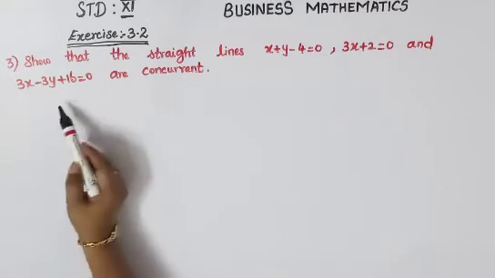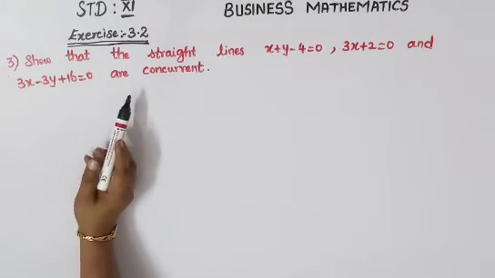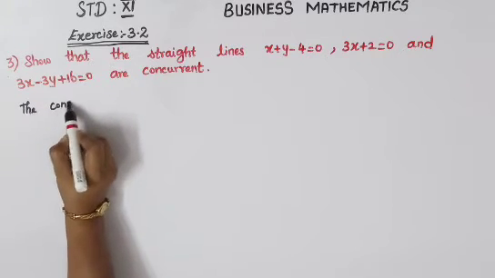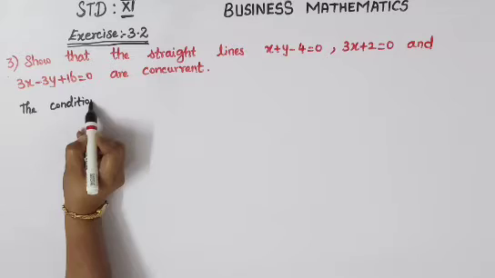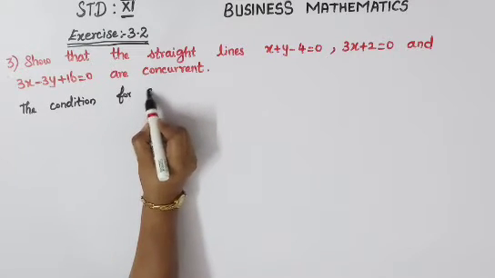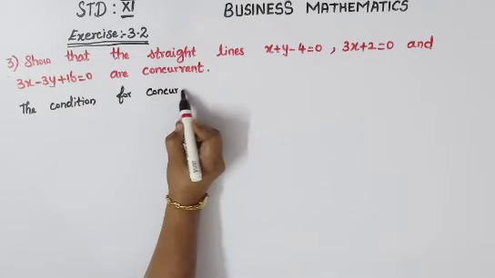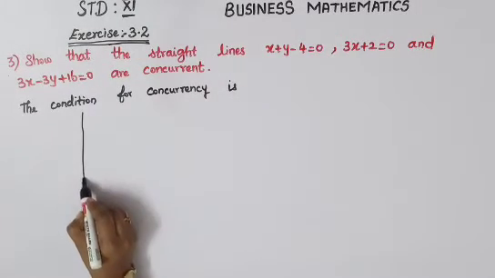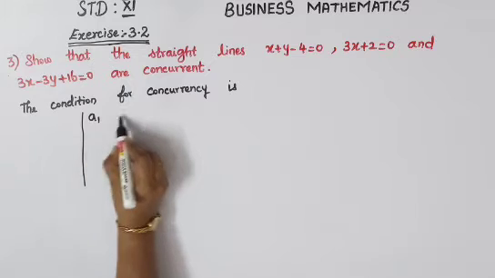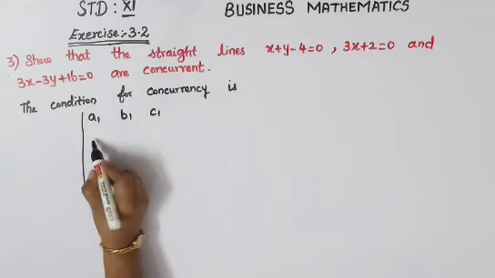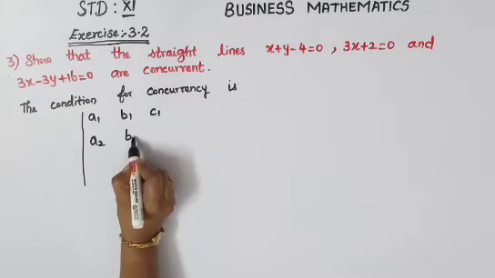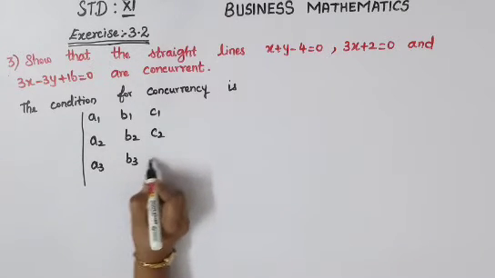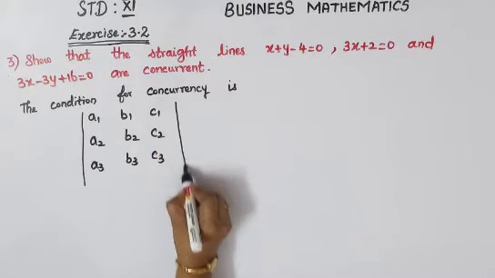Three lines are given, so we have to prove that they are concurrent. Therefore the condition for concurrency is that the determinant of a1 b1 c1, a2 b2 c2, a3 b3 c3 should be equal to 0.